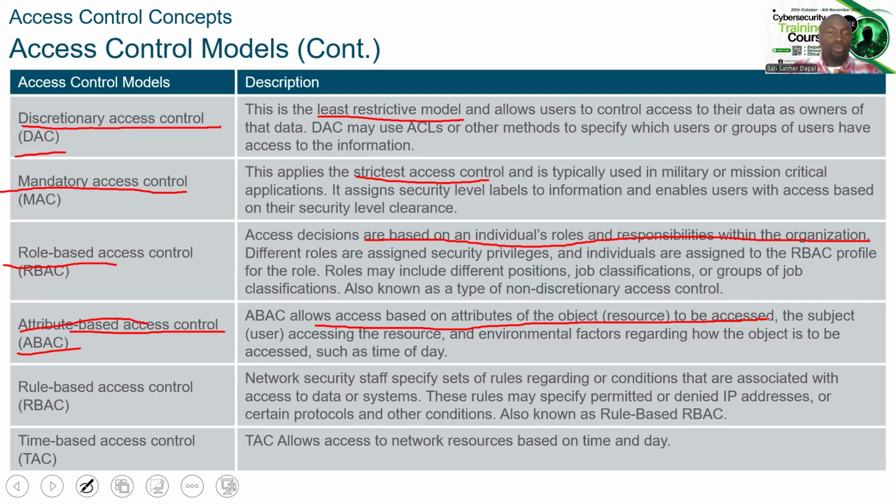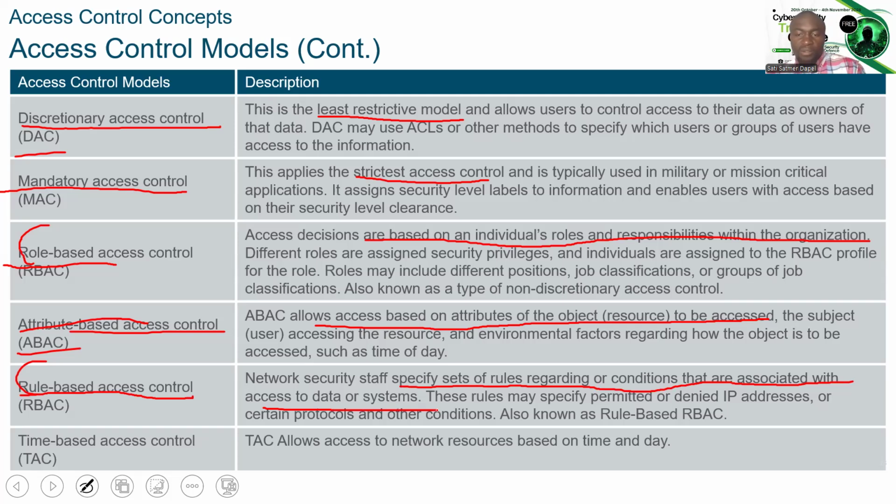Then you have rule-based, RBAC. Now, there are 2 RBACs. There's role-based RBAC, there's rule-based RBAC. Now, in the rule-based, network security staff specify a set of rules or conditions that are associated with access to data or systems.